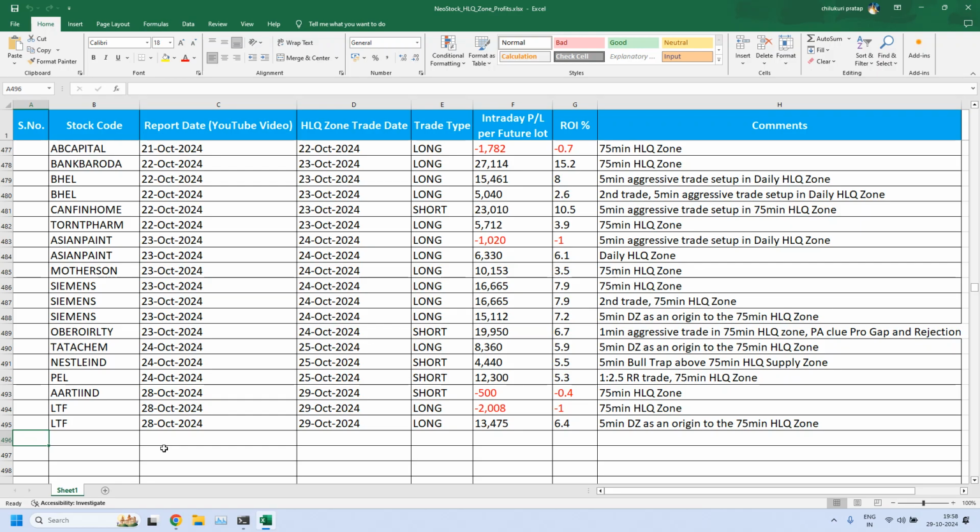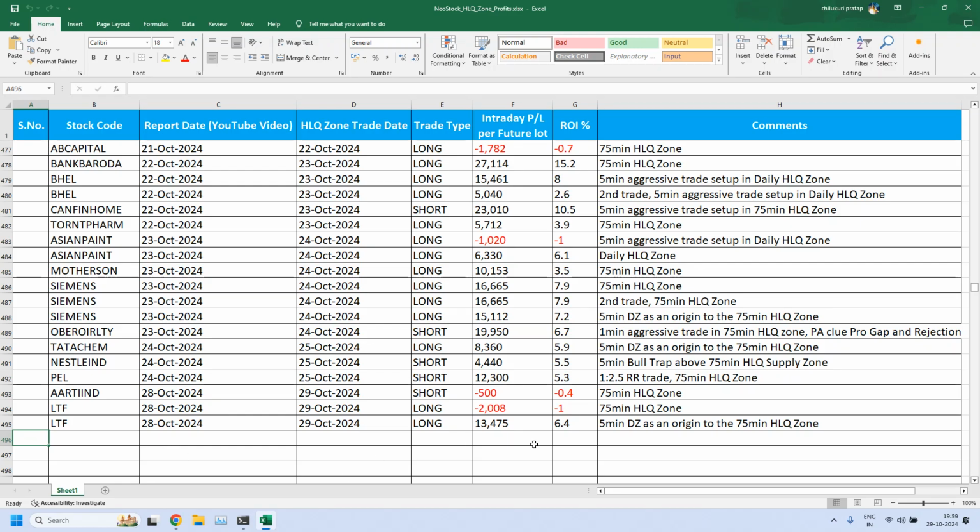If there are at least multiple tests in any zone, you can also use that zone as an aggressive trade setup. Until the zone is violated, you can trade on that zone. Of course, sometimes the zone has to be violated. That day you have to take that stop loss. But until that time, you will enjoy the profits.